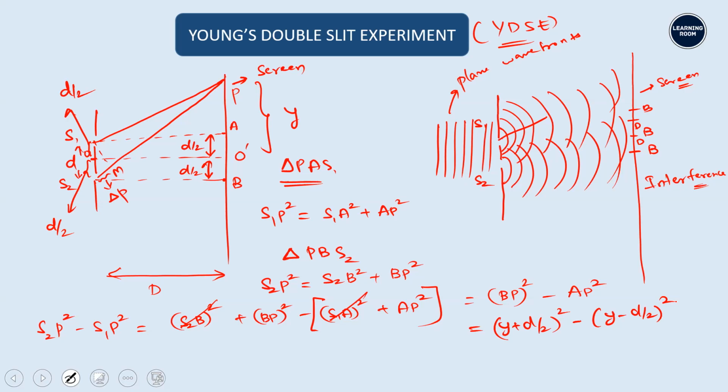So BP square minus AP square. I'm dealing with the right hand side; the left hand side I have not yet dealt with. If I observe the right hand side, (A plus B) the whole square minus (A minus B) the whole square is 4AB.